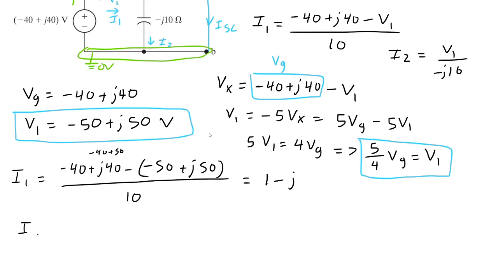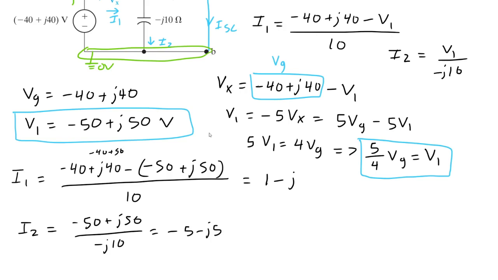So I2 is going to be minus 50 plus j50 over j10, equals minus 5, yeah, minus 5 minus j5.